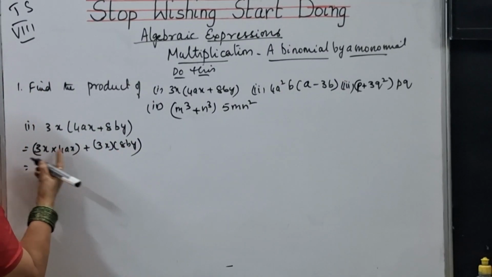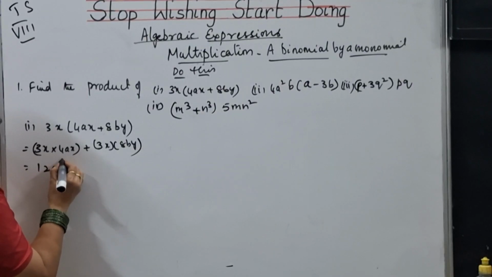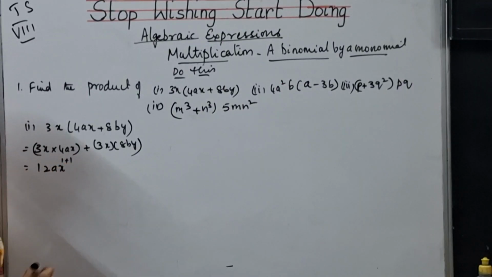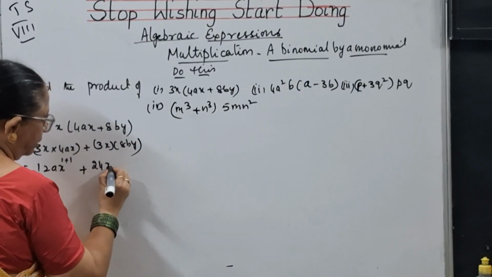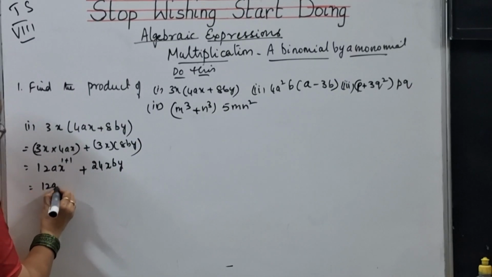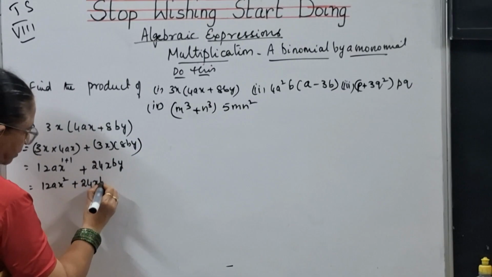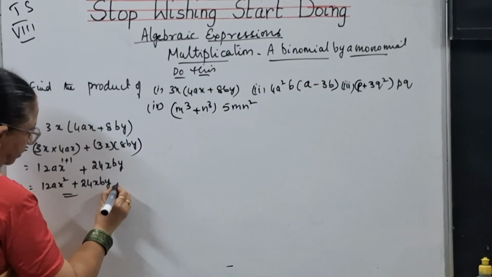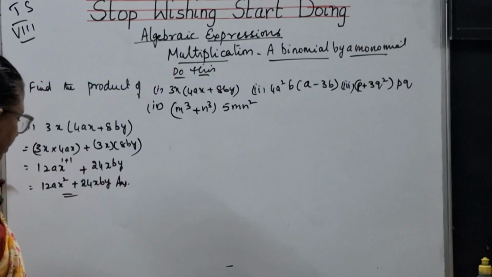That is plus, 3 4s are 12, ax to the power of 1 plus 1, plus 24xby. That means 12ax square plus 24xby is the answer for this first bit, children.